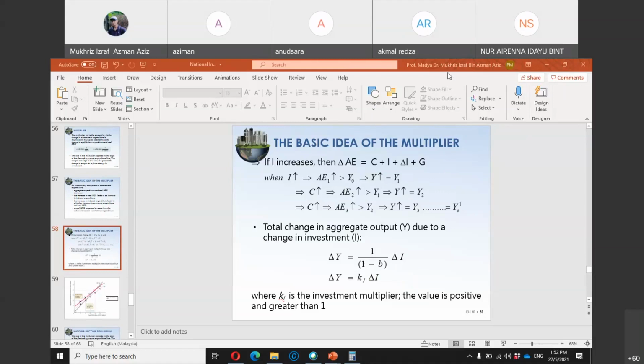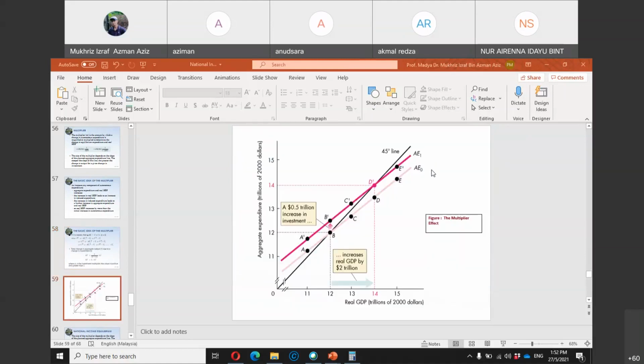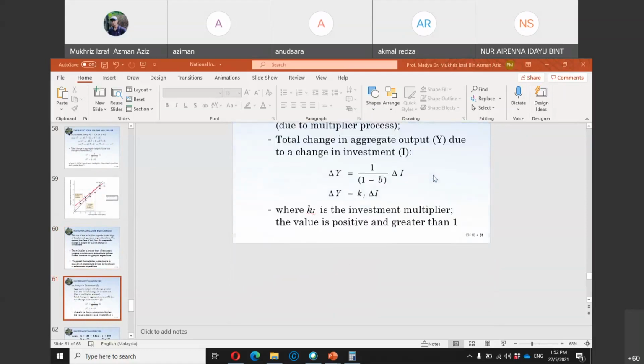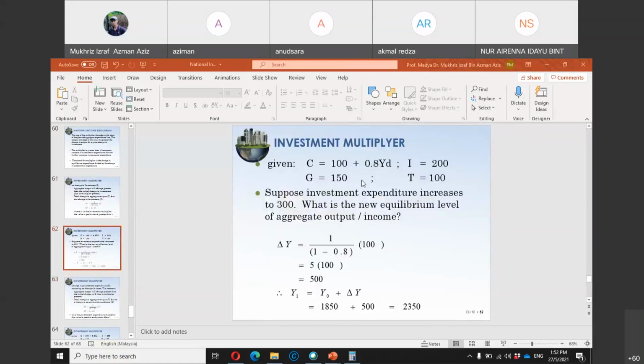Okay, so let's see a simple example here. You can see in this slide, you have the components for the three sector economy: the consumption function, the government expenditure value, the investment value, and also the tax value. Why do we need the tax value?